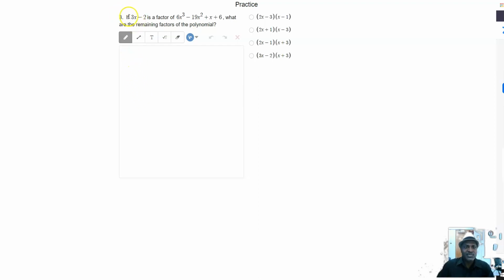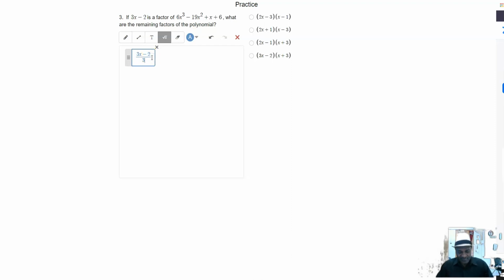So in order to do this synthetically, because of that 3, we're going to have to divide everything by 3. So look what we get. I'm going to take that 3x minus 2 and make a fraction here just so you can see what I'm doing, dividing that by 3.